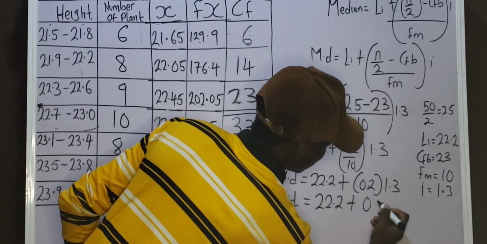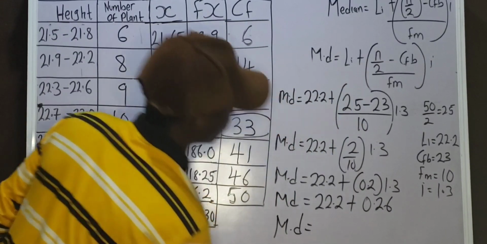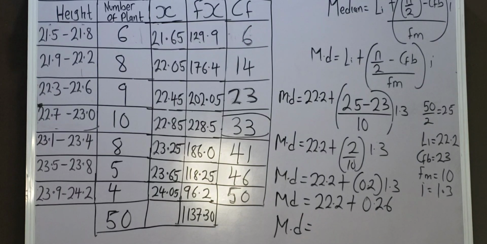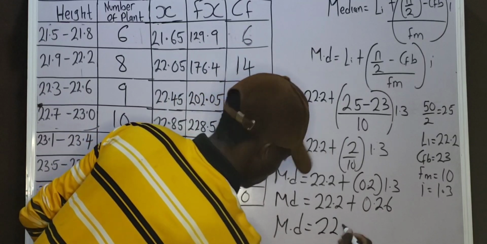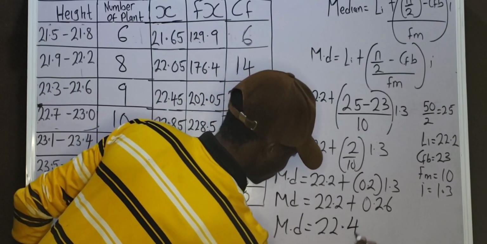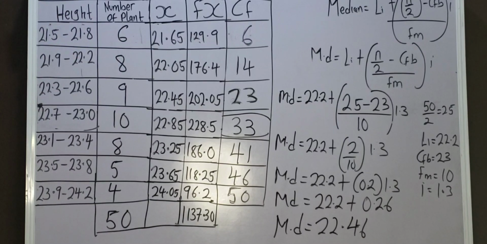So the median is equal to 22.2 plus 0.26, that is 22.46. So the median here is 22.46. I'm very sure you understood how I got the median as 22.46.